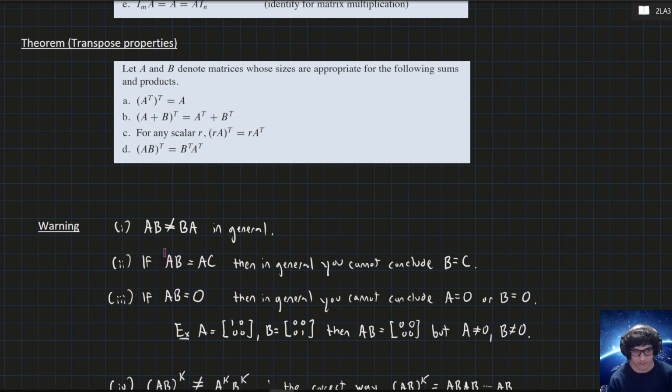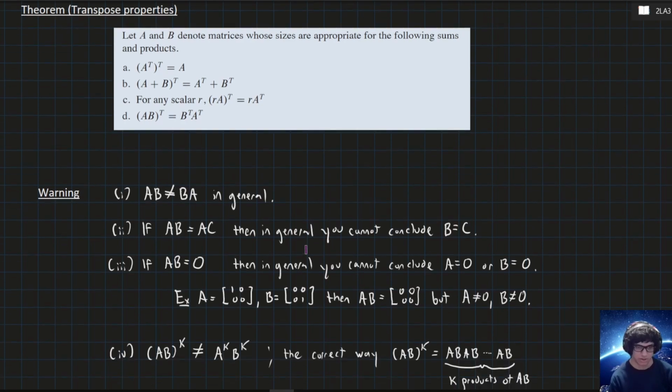That will cancel out and kill the A's on both sides. We'll get into inverses of matrices after this. So, in general, that cancellation will not work. The exception is when A is invertible.